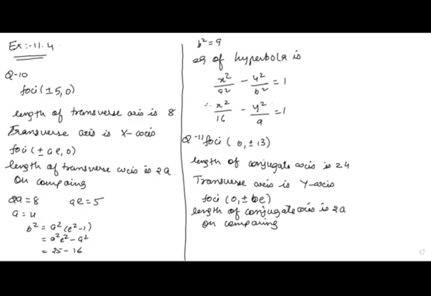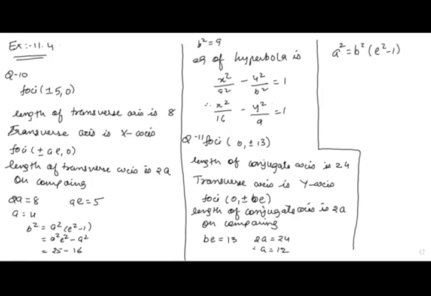I will get BE as 13, whereas 2A as 24. Therefore the value of A is 12. Here the formula I will use for eccentricity will be A square is equal to B square e square minus 1.